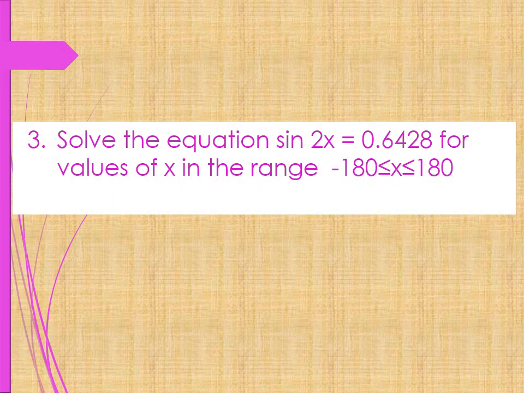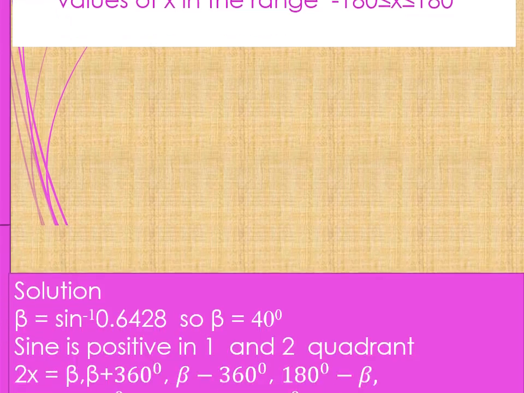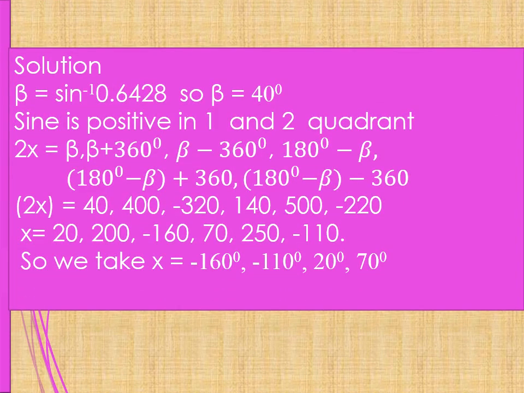Question 3. Solve the equation sin 2x is equal to 0.6428 for the values of x in the range negative 180 less than or equal to x less than or equal to positive 180. Solution.